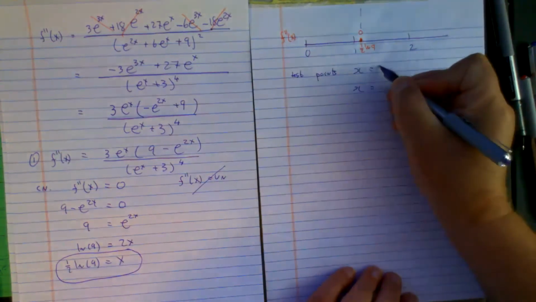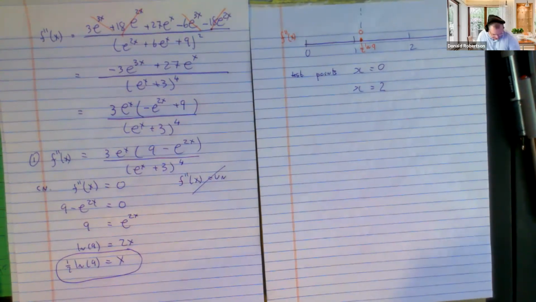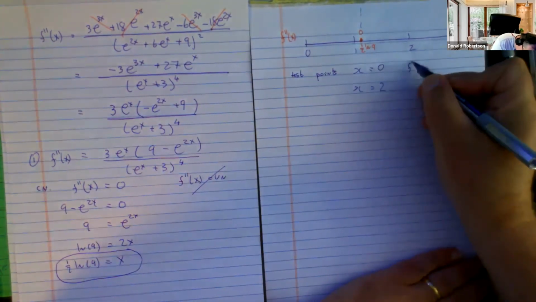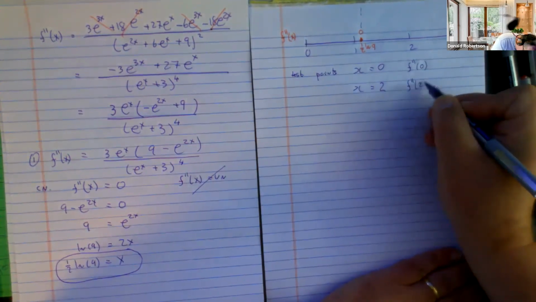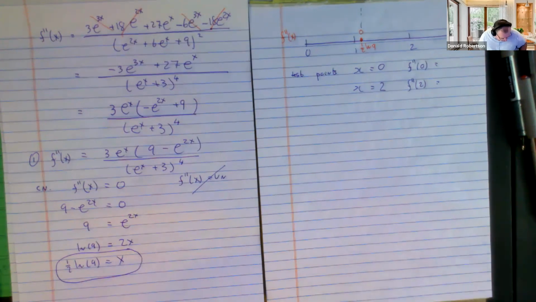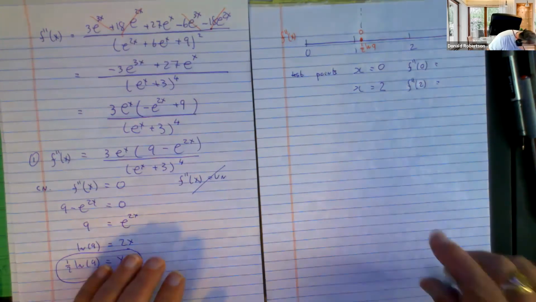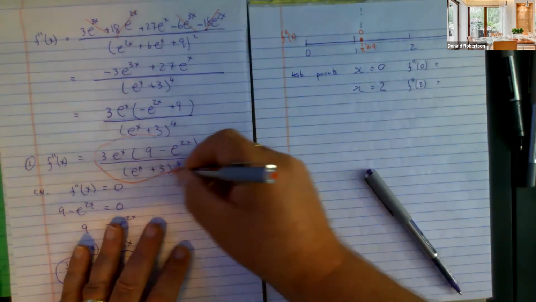Why not? I don't have a lot of choice here, so I'm just going to pick 2. And now I'm going to find the value of the second derivative at 0 and the value of the second derivative at 2. And again, I don't care about the number bit, just whether it's plus or minus. So I put a little bubble around it so I don't go in the wrong place.